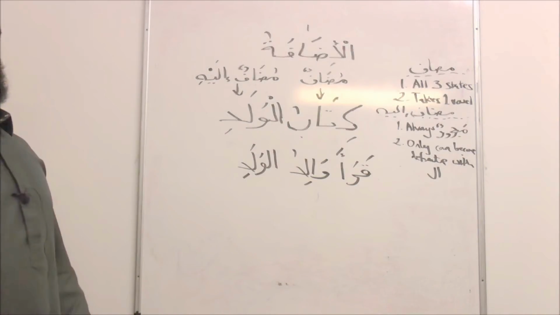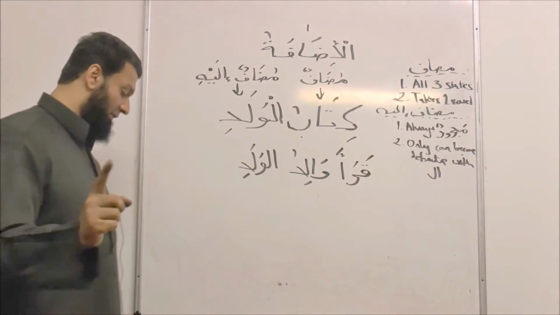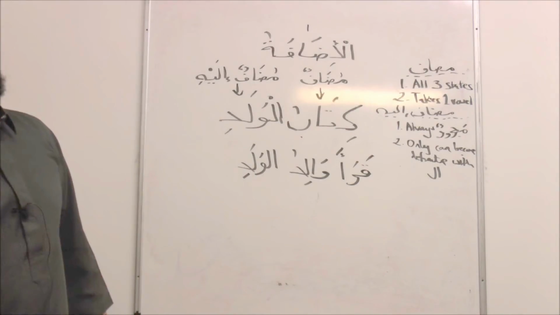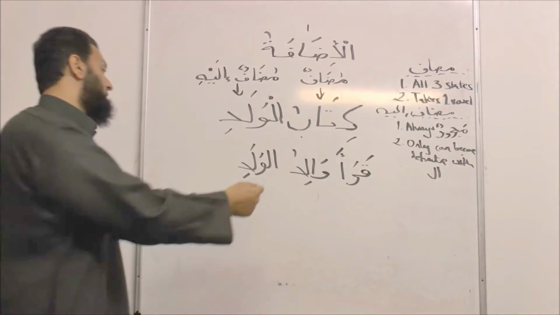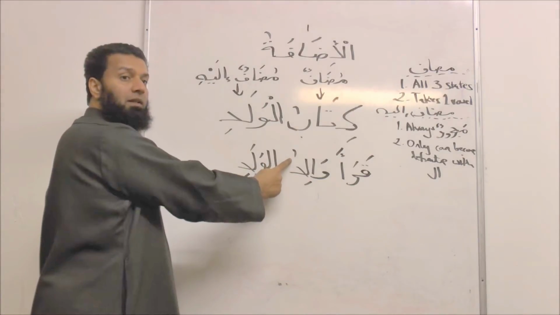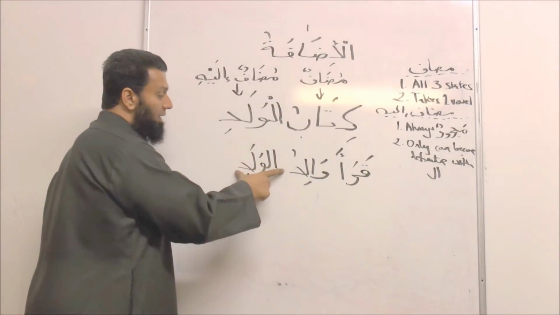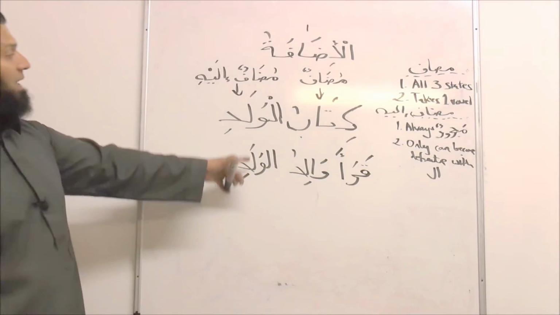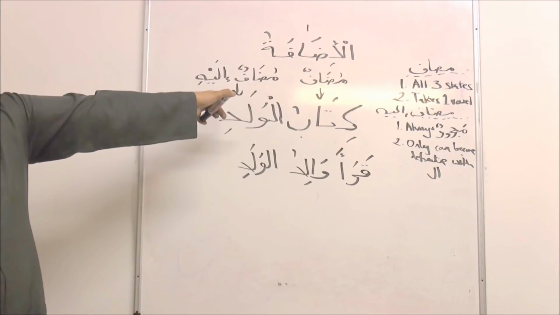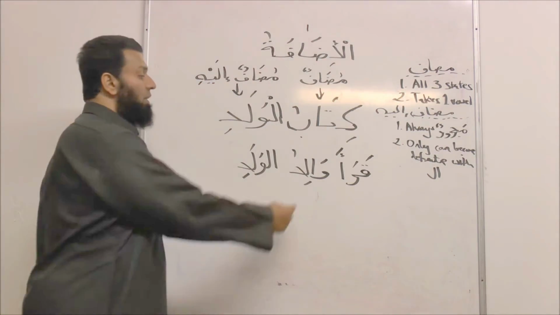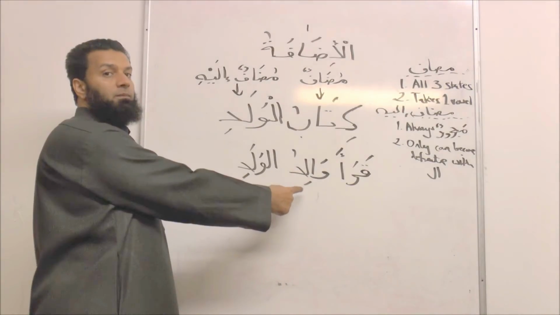In what state, Arjan? Marfu'un. And the indicator that it's marfu'un is the Damma. That has a Damma, right? So that's correct. Then we have al-waladi. Al-waladi is our mudafun ilayhi. It's a thing connected to by walidu.